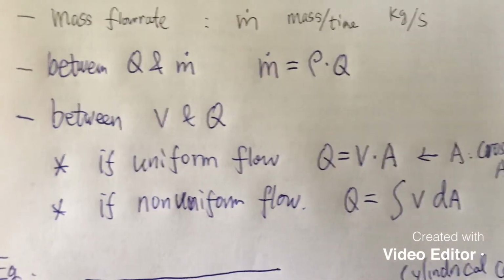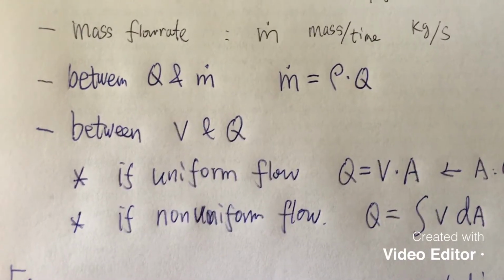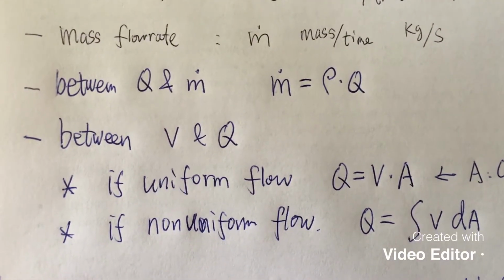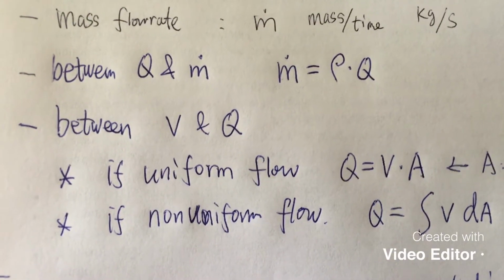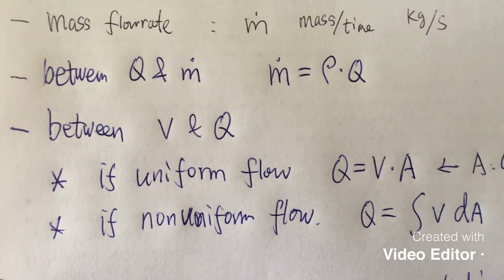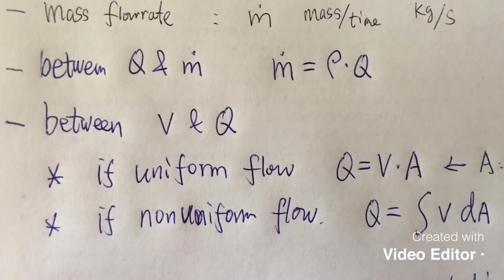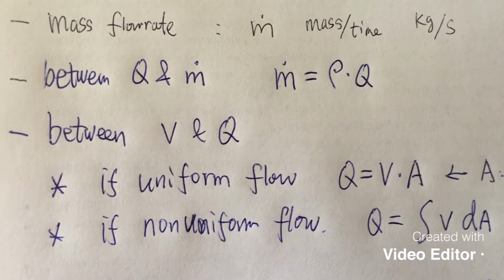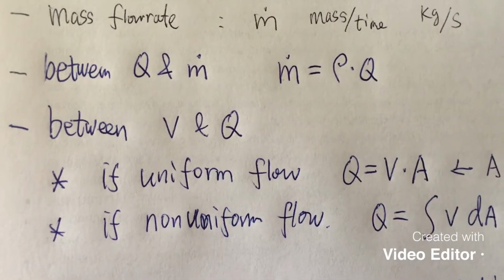Now let's look at the conversion between velocity and the flow rates. You don't go from velocity to mass flow rate directly. You convert velocity into volumetric flow rate first. Then after you get the volumetric flow rate, you multiply by density and it becomes mass flow rate.